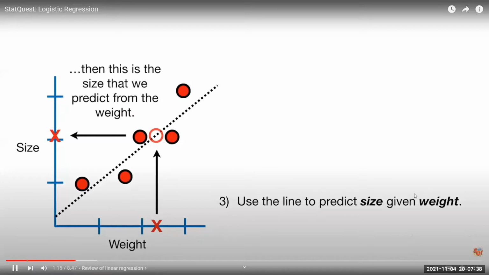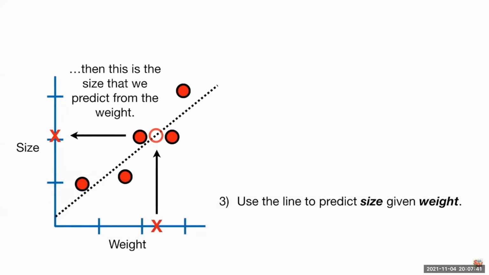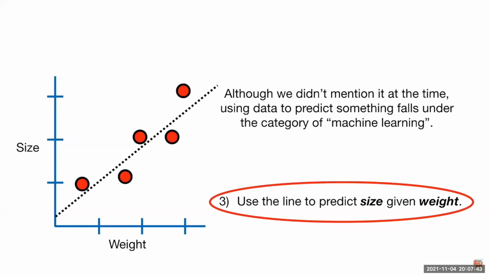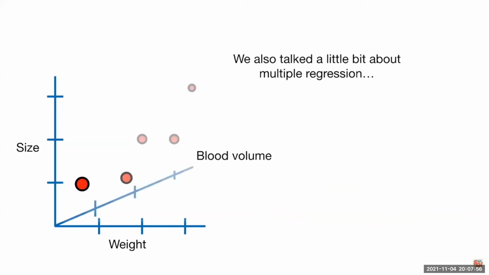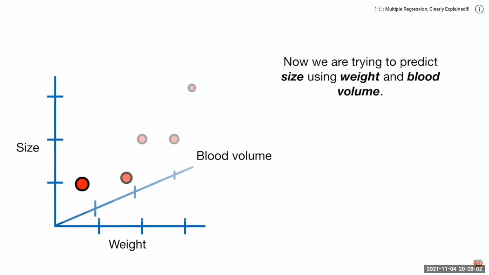then this is the size that we predict from the weight. Although we didn't mention it at the time, using data to predict something falls under the category of machine learning. So plain old linear regression is a form of machine learning. We also talked a little bit about multiple regression. Now we are trying to predict size using weight and blood volume.